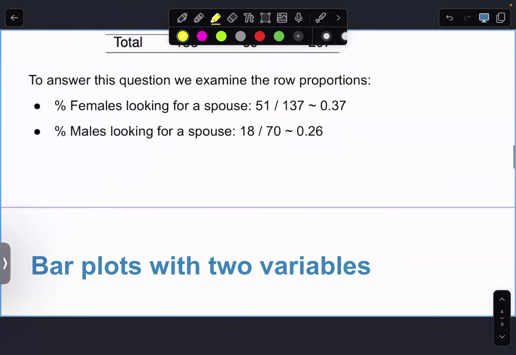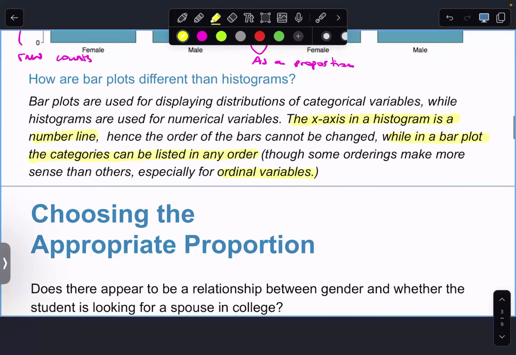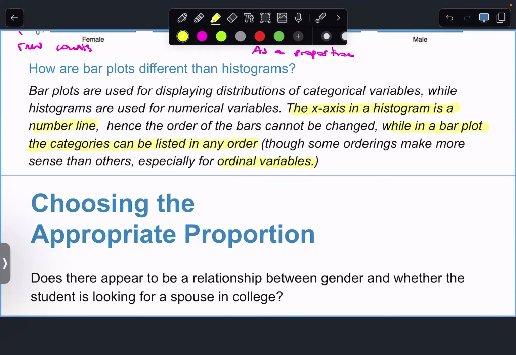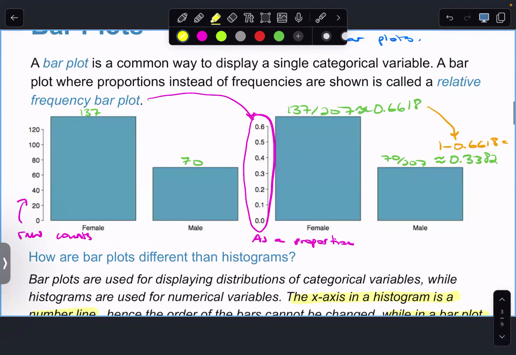I feel like we're gonna keep going and talk about, is there a relationship between gender and whether they're looking for a spouse in college? So we'll take it there. We'll get there. Okay. Yeah. But just starting with the basics, just introducing a bar plot, basically.